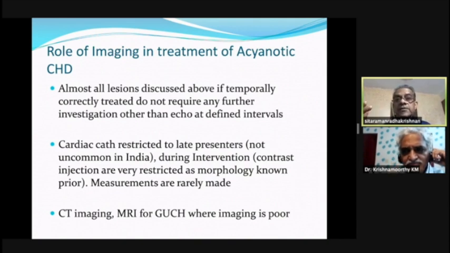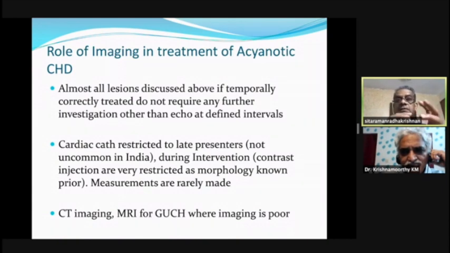Double aortic arch, of course, can be seen on echocardiography. Then you should suspect vascular rings in a patient with left aortic arch who does not have the bifurcation of the first branch, which means that the right subclavian artery is arising aberrantly.